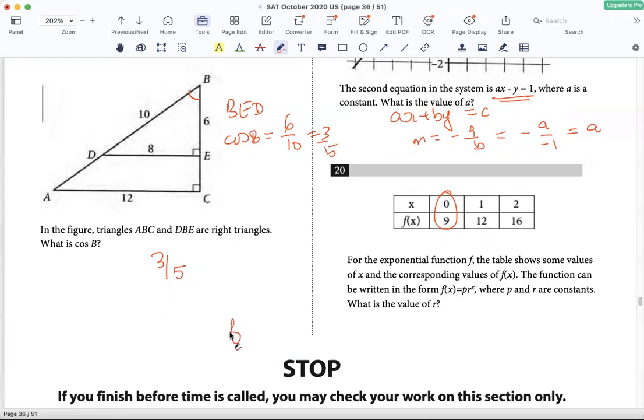So we can write f of x is 9 r to the power x. And now I can put this point 1 comma 12. So 12 is 9r. So r is 12 by 9, which is 4 by 3. So the value of r is 4 by 3.